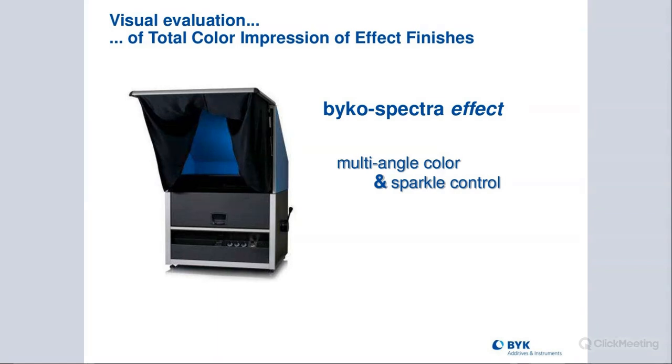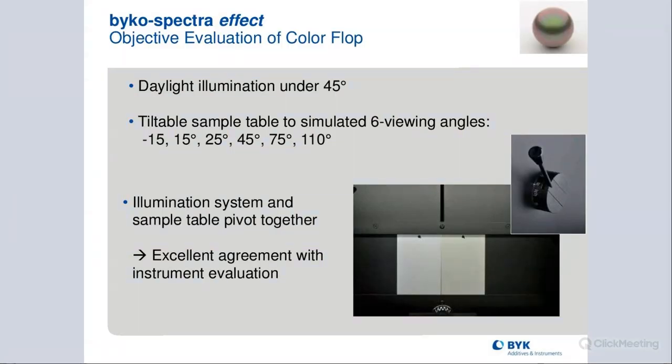So there is the byko-spectra effect light booth. And again, this uses a tiltable table that you can put samples on and lock them in place. It has a daylight illumination of 45-degree, and then you use the lever on the outside of the light booth to change the angle of viewing.